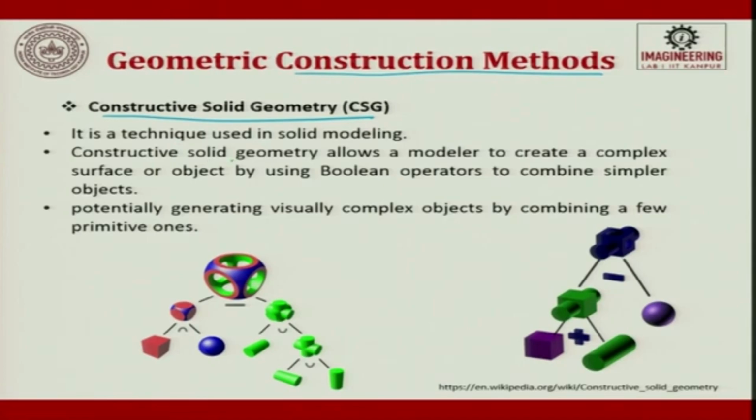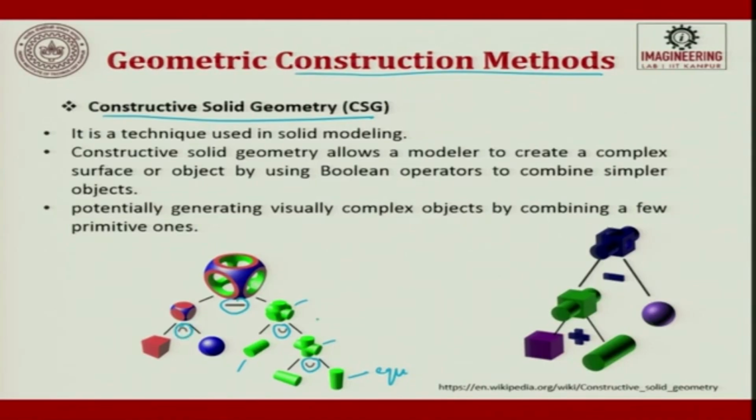Constructive solid geometry allows a modeler to create a complex surface or object by using Boolean operation to combine simpler objects. I know all these things can be defined by parametric equation. Then all I do is follow Boolean operations and get whatever I want as the final.